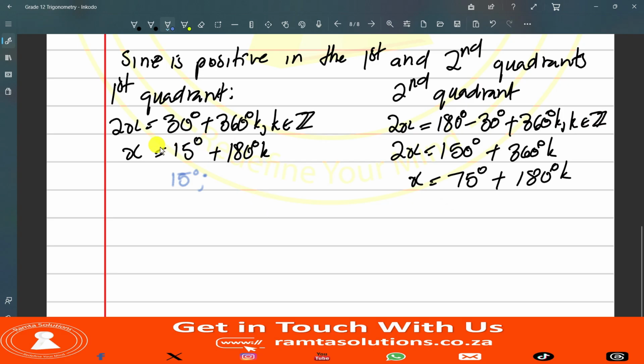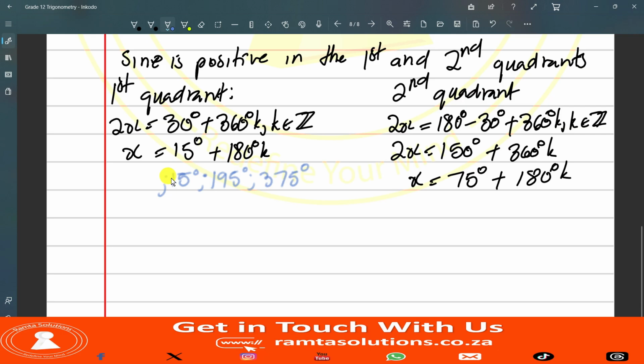So to get the next term, we add 180 to 15, which will be 195. Then you add 180 to 195. What do you get? 375 degrees. All right. Okay.